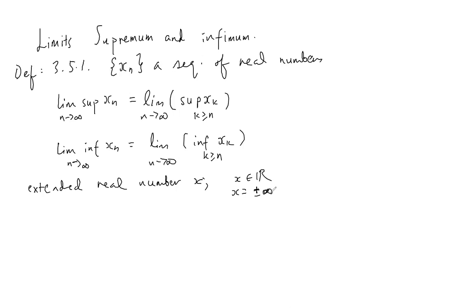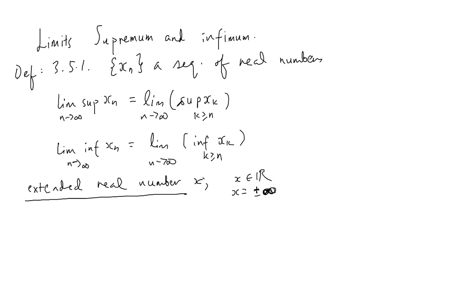It will treat infinity as a number, that's why it's called an extended real number. It adds infinity as a member. Although infinity is used as a concept in mathematics, in this case it might be convenient to treat it as a member of the extended real numbers. Which means your lim sup and lim inf can actually be plus or minus infinity.